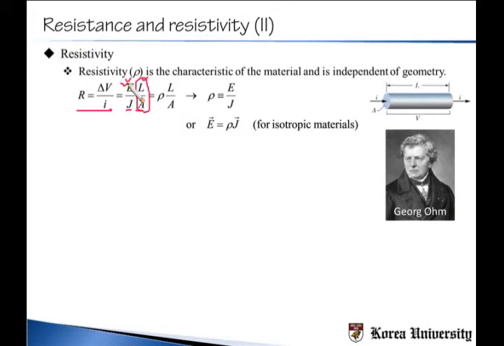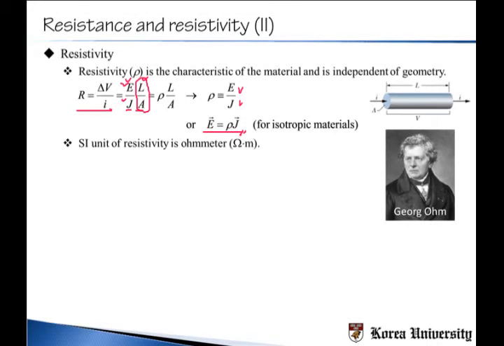And this electric field and current density are actually independent of the shape. So therefore, we define resistivity as a ratio between this electric field and the current density, right? And then we realize that these two values are vectors, so we can rewrite this using the vector form as shown here, okay.